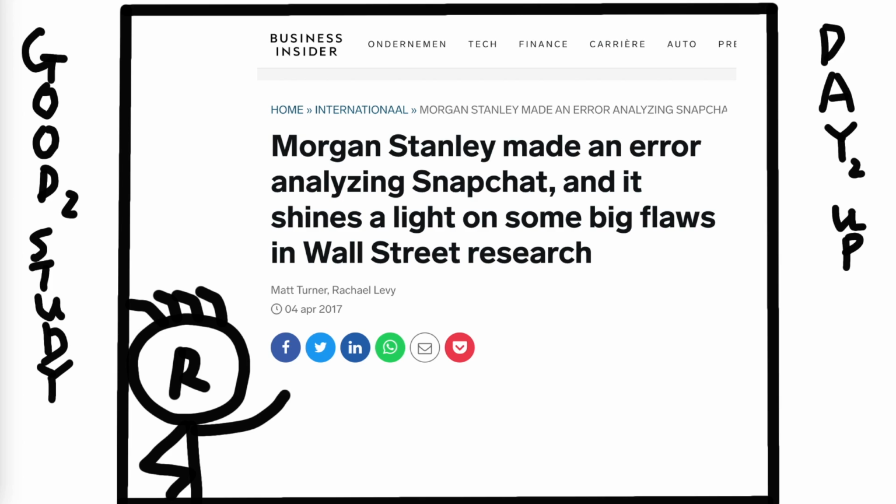So Morgan Stanley actually cut the estimated adjusted EBITDA of Snapchat by $1.7 billion, which means they have also cut the free cash flow. With a lower free cash flow, how do you maintain the price target?